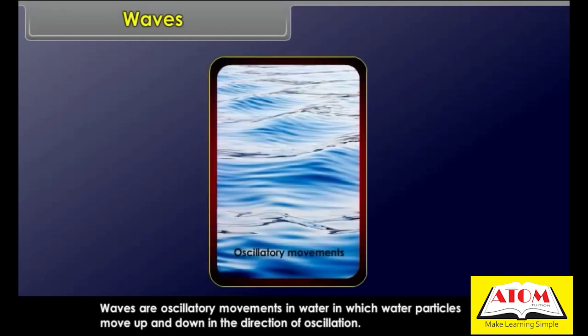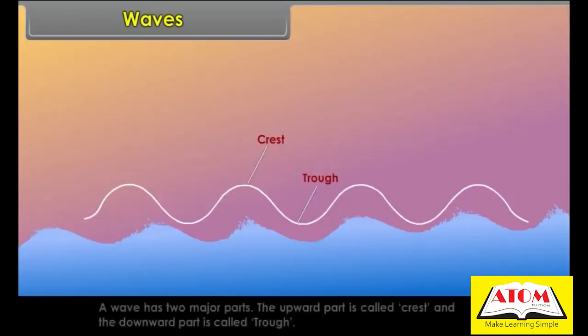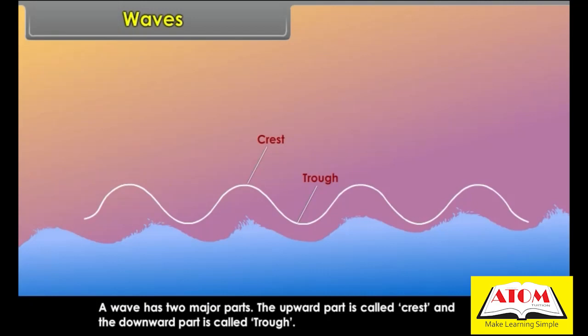Waves are oscillatory movements in water in which water particles move up and down in the direction of oscillation. A wave has two major parts. The upward part is called crest and the downward part is called the trough.